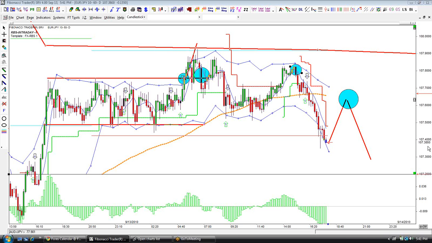Usually a couple of hours before the end of the session, if I see some sell signals, unless they're very, very good, clean signals, most of the time I will pass on them because I don't want to be trading 24 hours.